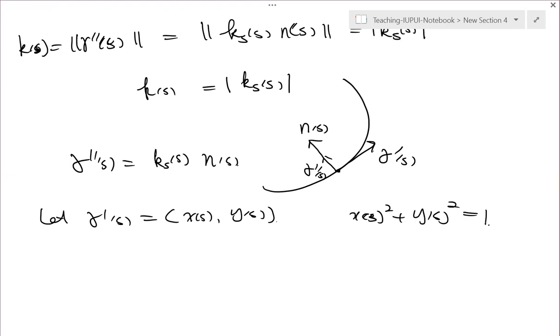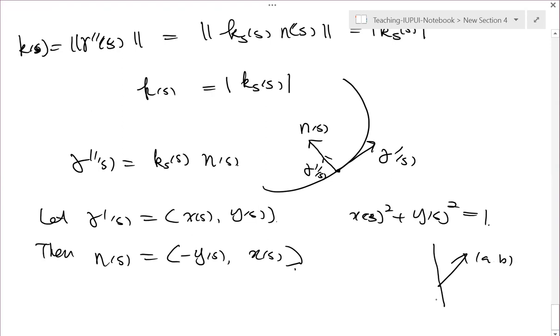Once you're given the two components of this tangent vector, then n s can be written as negative y s and x s. Believe it or not, because when you have a vector with components a and b, the one perpendicular to that will be negative b and a. This is the right angle.